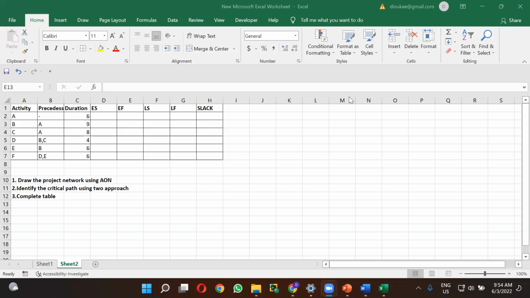Okay, that's all. Next Wednesday, I have now completed the activity on node approach, and I will do the activity on arrow approach. Before going to that, I would like to see how you have done this example.